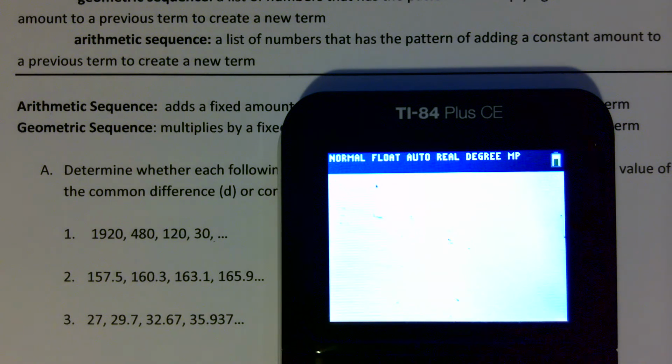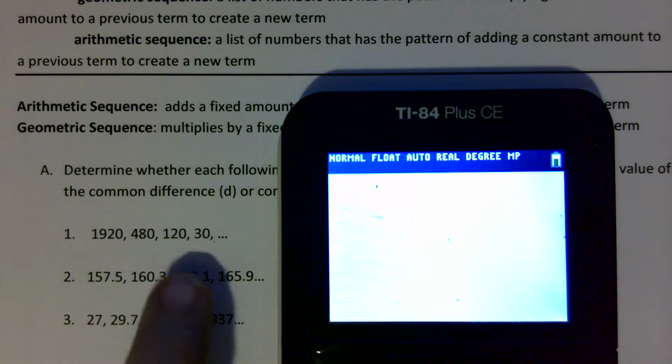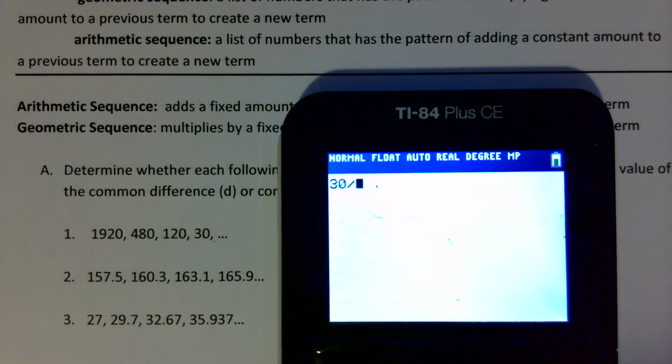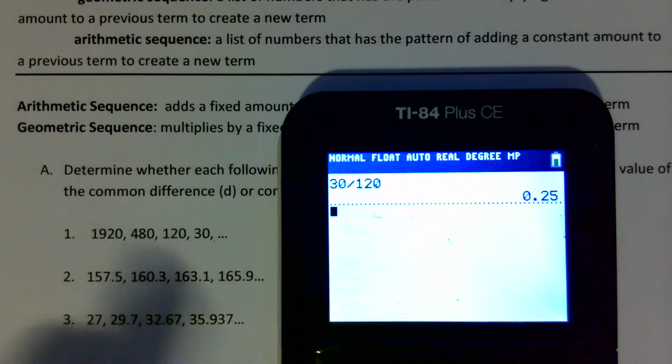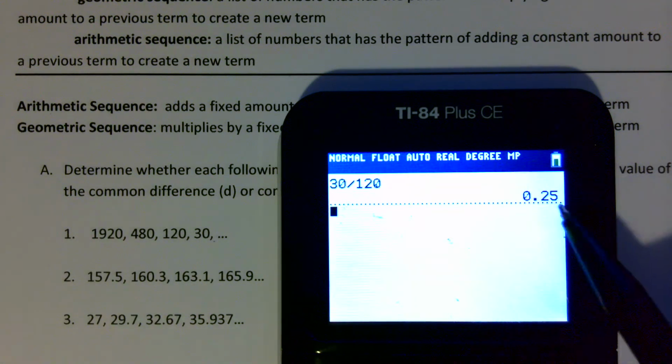Let's try geometric. Geometric, the way we find the common ratio is we take any term and we divide by the previous term. So again, I'll start with 30, divide by the previous term, 120, and I get 0.25 or 1/4. So if I do the same with another pair of terms, I should still get this same amount.